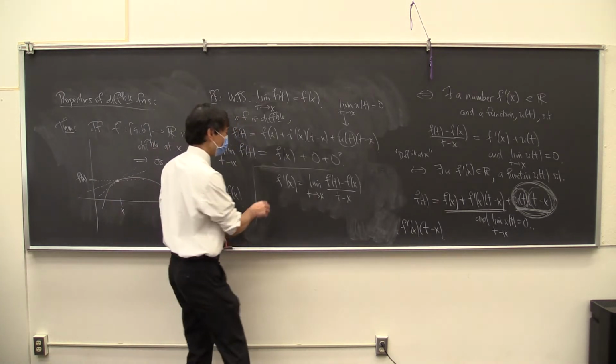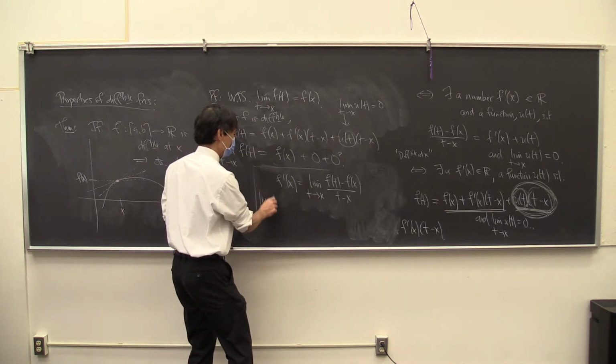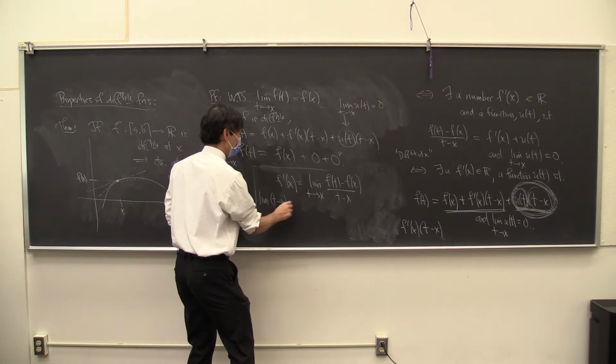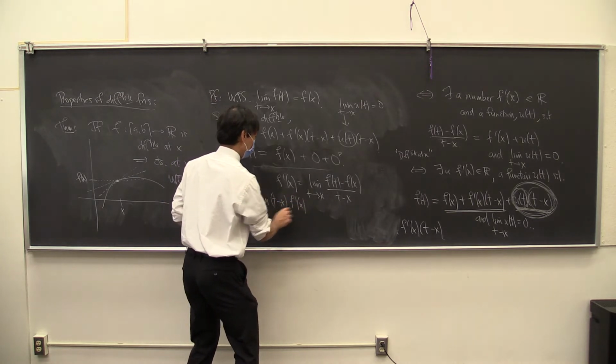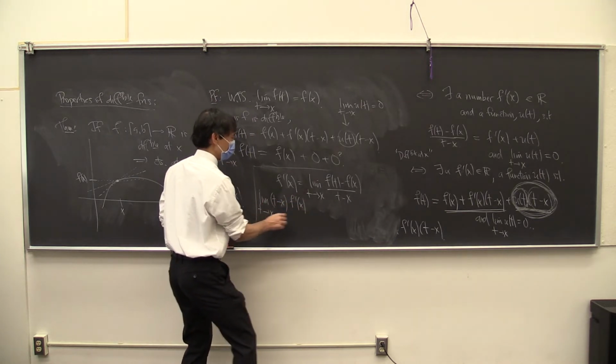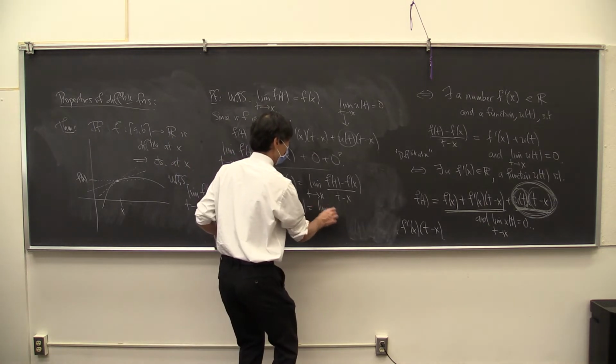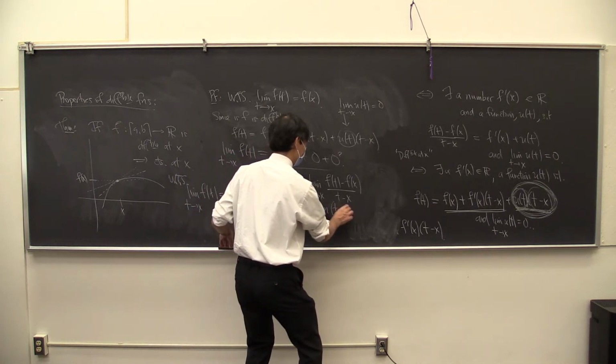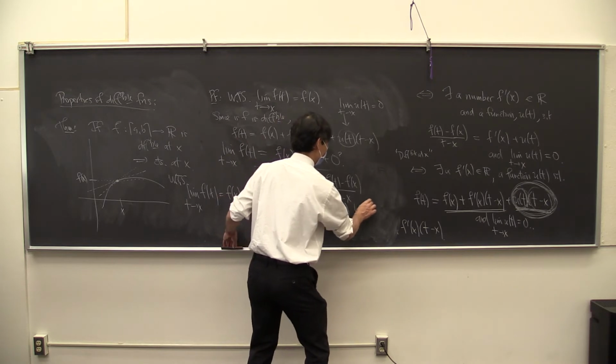And then you multiplied both sides by the limit of t minus x as t approaches x. This is what you might see in a calculus class. You multiply both sides by this limit.